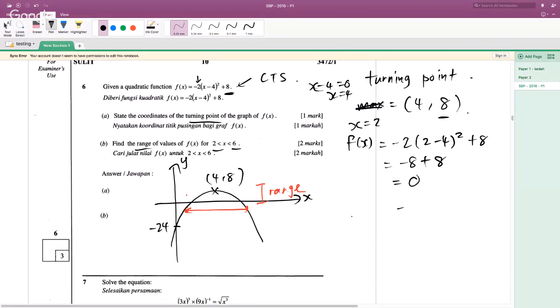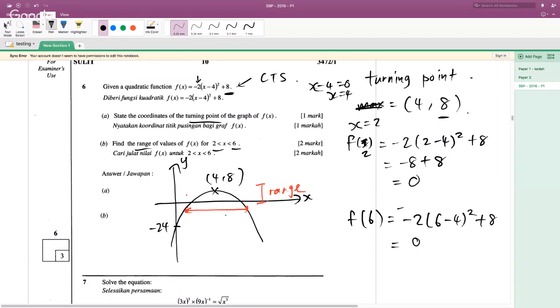Then I substitute the 6 into it: negative 2, 6 minus 4 squared, plus 8. This is 0 also.